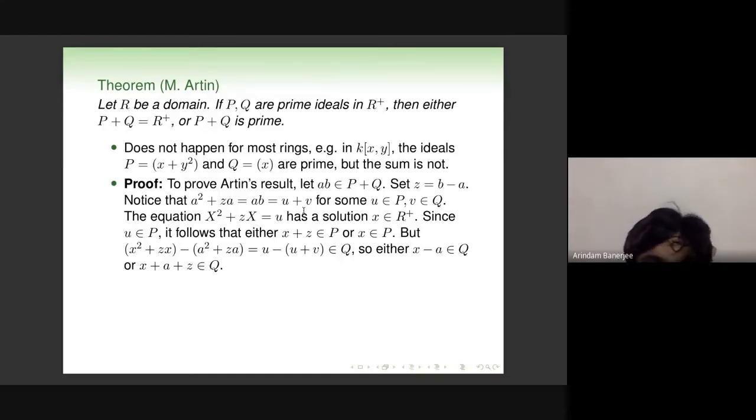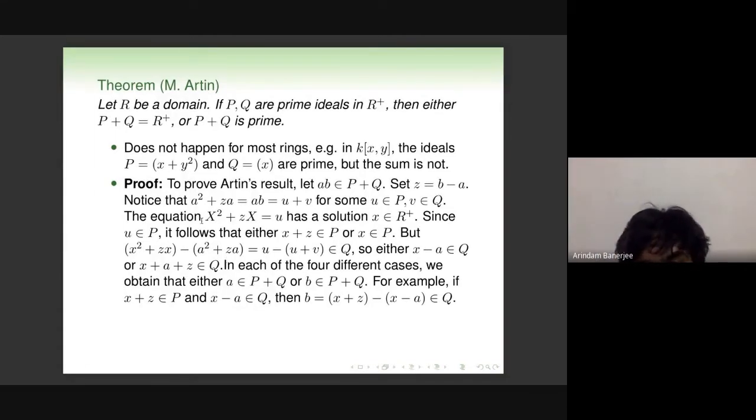So either x minus a is in Q or x plus a plus z is in Q. This comes from factorization, just elementary high school algebra: x squared minus a squared, and you have z times x minus a. You combine these things and you get this equation.